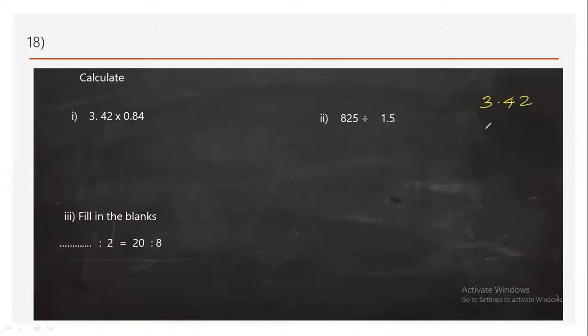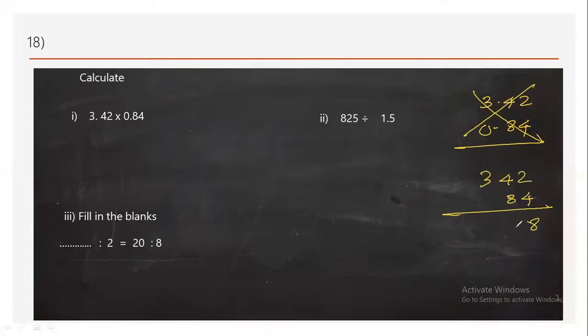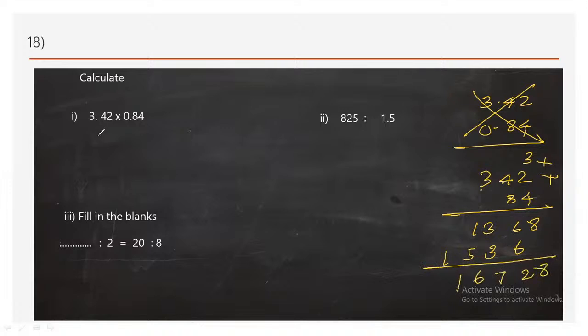Multiply 342 by 84, but now forget these decimals. 4 times 2, 8. 4 times 4, 16, 1 remainder. 4 times 3, 12 and 1, 13. 8 times 2, 16, 1 remainder. 8 times 4, 32 and 1, 33. 3 remainder. 8 times 3, 24 and 3, 27.